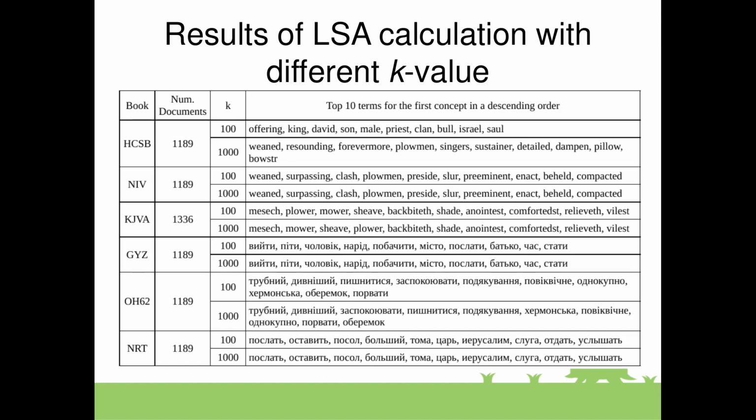This is value k, 100 and 1000, and we see that in some cases we have differences between the words, and sometimes we don't see any difference, or this difference is not so large. So we see that we can reduce the size of our matrices and calculations 10 times and increase performance.